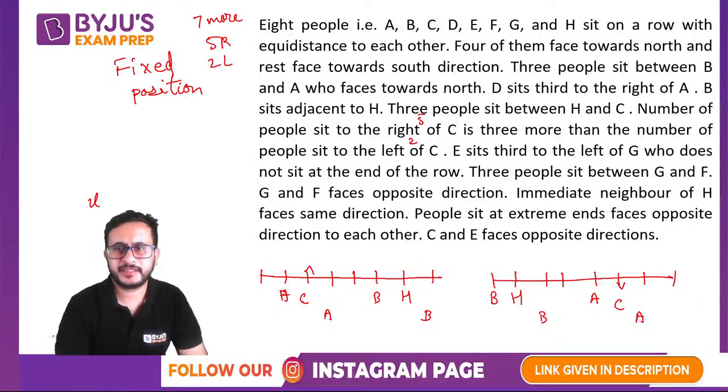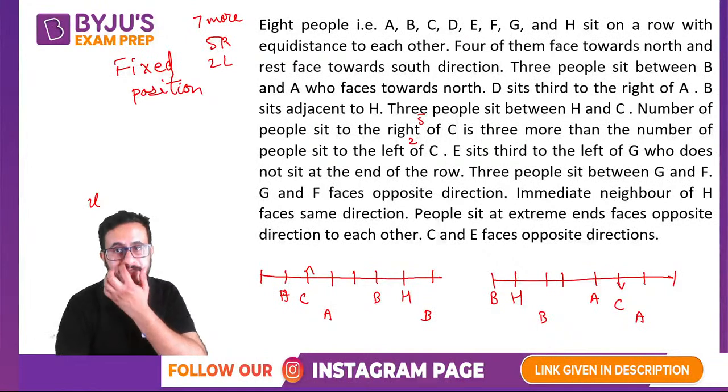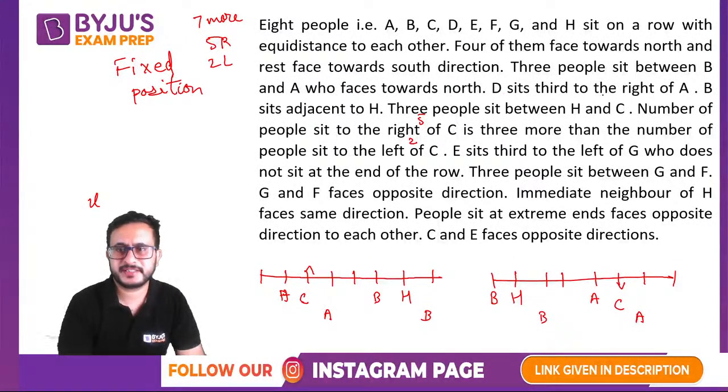Here it is given that A faces towards north. So A is facing north in any case. D sits third to the right of A. If we take A here, 1, 2, 3, this will be H, so not possible. This case is not possible.